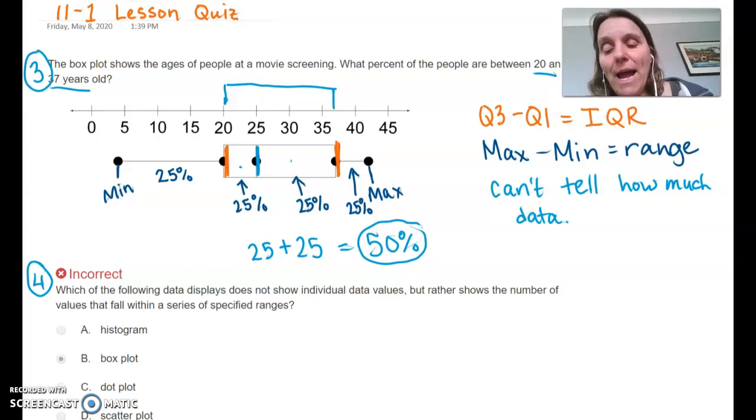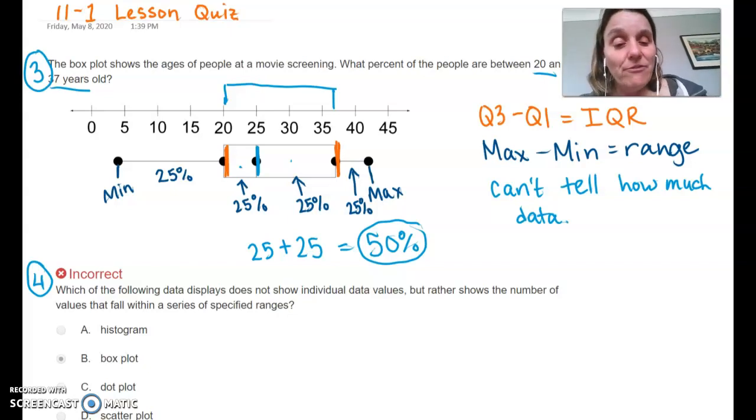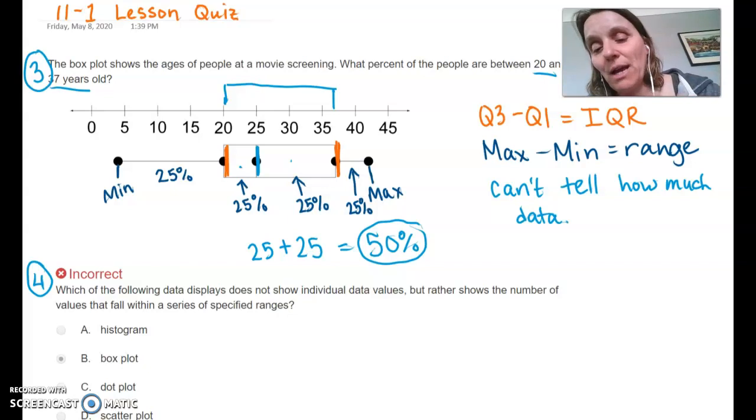Number 4 asked, which of the following data displays does not show individual data values, but rather shows the number of values that fall within a series of specified ranges? The most common missed answer, and possibly the only missed answer, was box plot. Box plot does show the percent of values that fall within certain ranges.